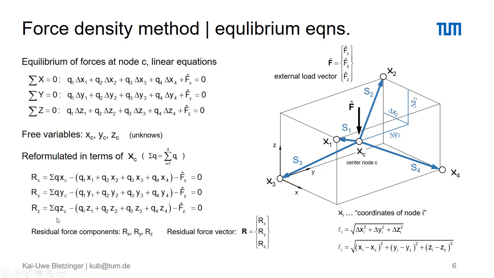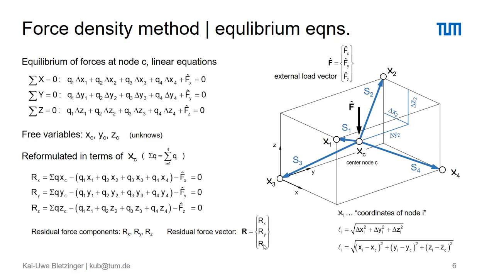Then you see we have collected everything that is in terms of these unknown coordinates x, y and z, and something else. And what you see here, first of all, is the definition of what we call the residual force vector, respectively its components in x, y and z direction. For this example we have only 3 unknowns, that means we have 3 equations, and therefore also 3 components of the residual force vector.